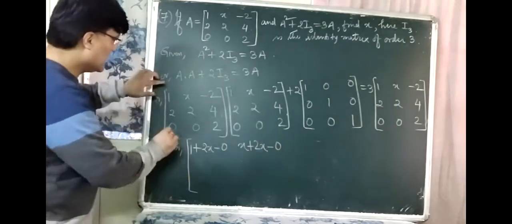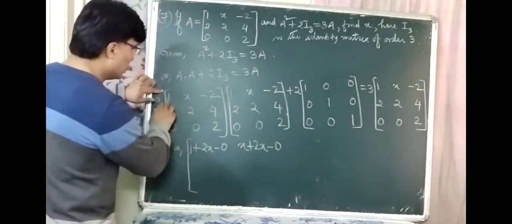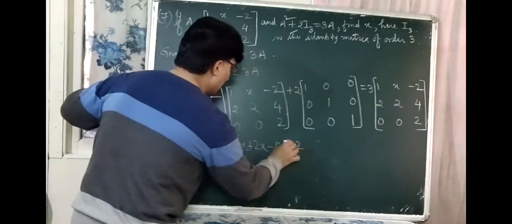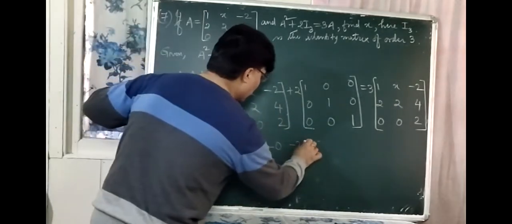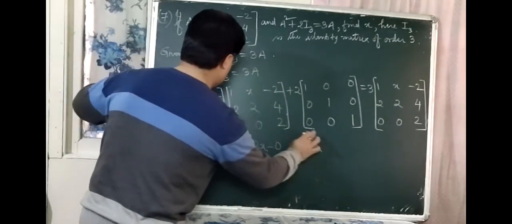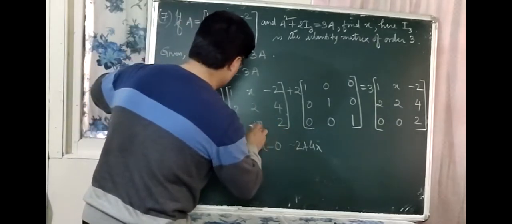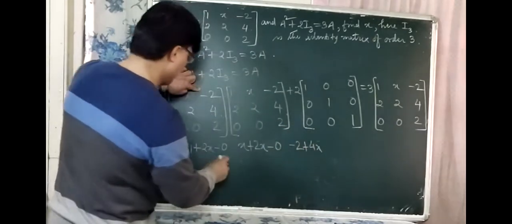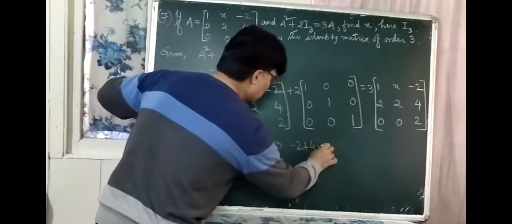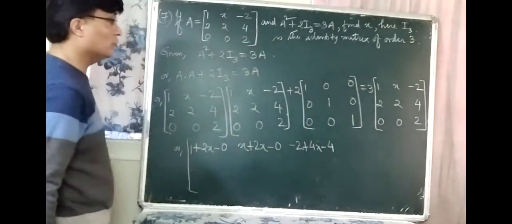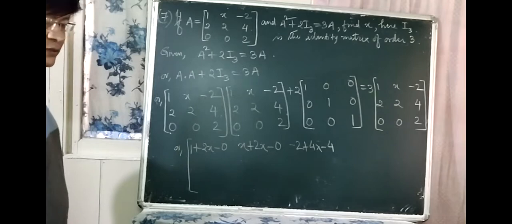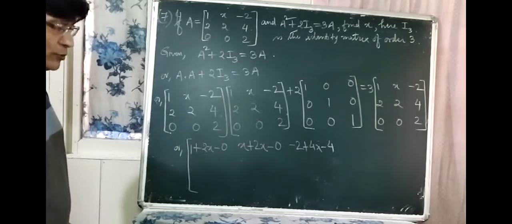Again, first row by third column: 1 into -2 is -2, plus x into 4 is 4x, minus 2 into 2 is minus 4. So this is the first row.